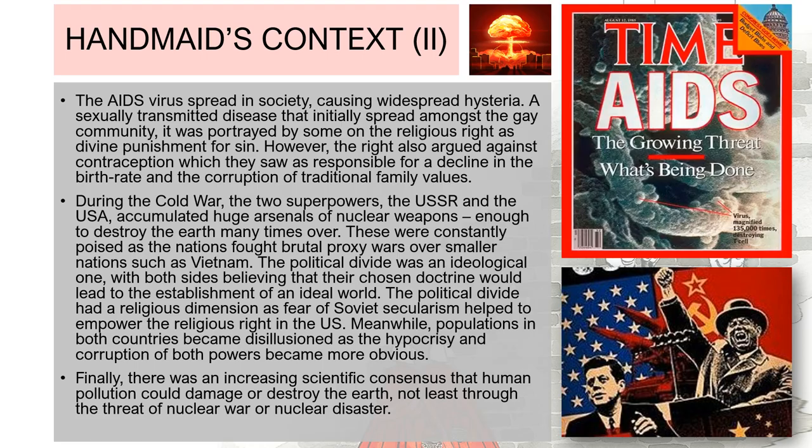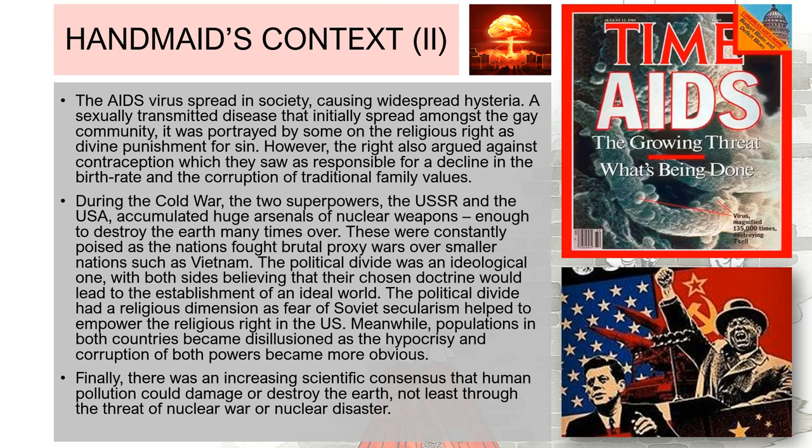Atwood, of course, is writing in this context when she writes of a Gilead that is at war, where she writes of propaganda of foreign conflicts in which the media is representing their side as morally justified and winning the war. Certainly those elements of The Handmaid's Tale reflect very strongly in the politics of the 1980s.